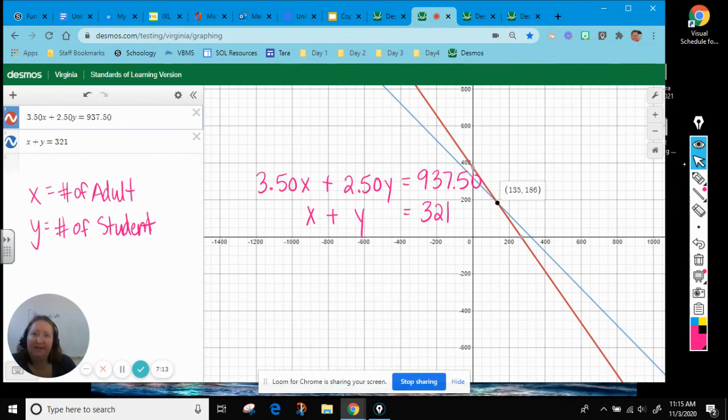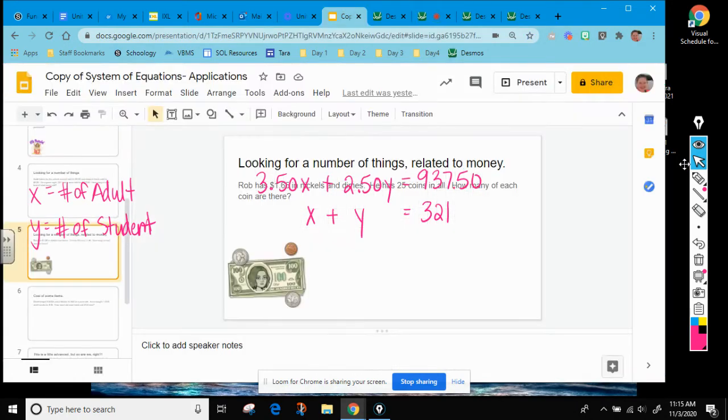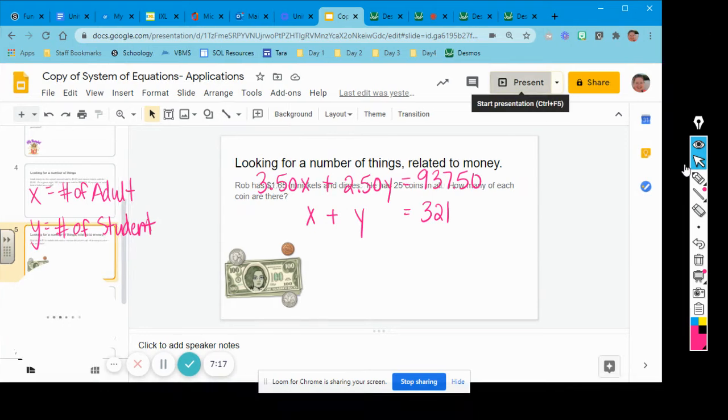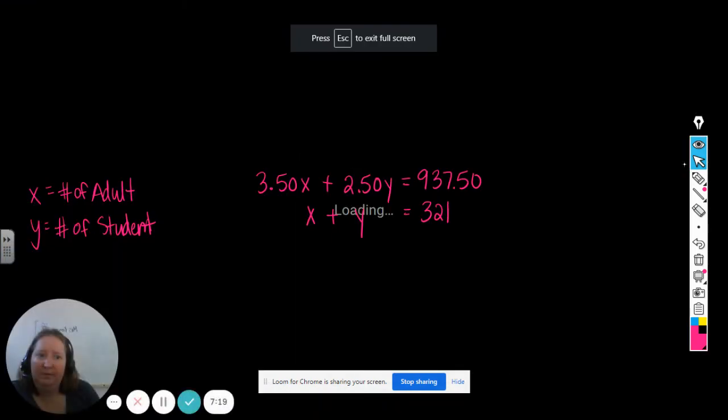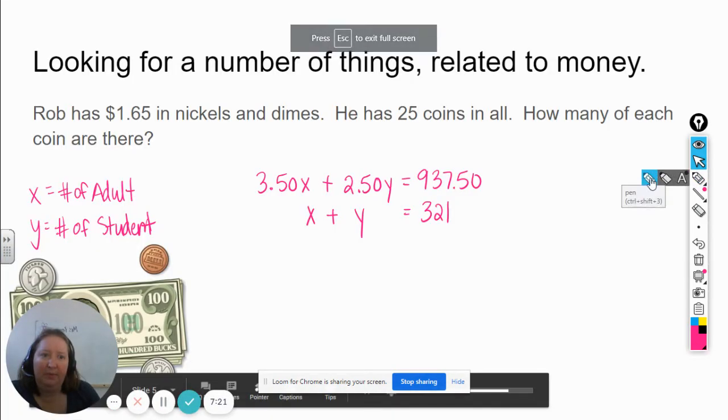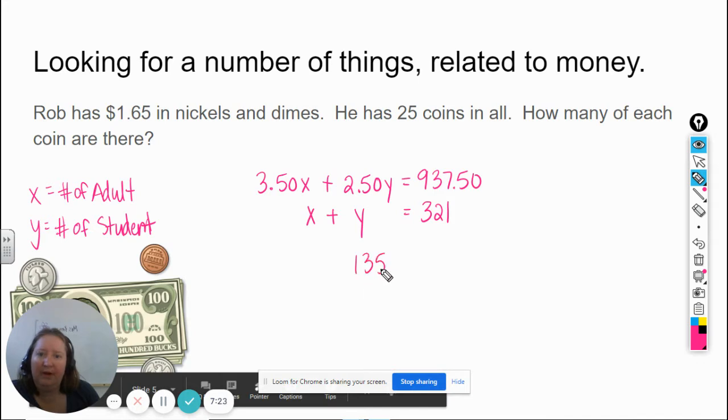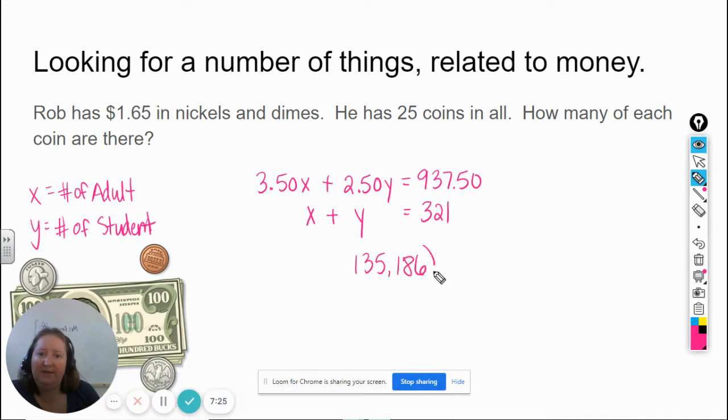135 and 186. Come over here with my marker. 135 and 186. What does that have to do with anything? That's an X, that's a Y. What's an X? X is the number of adult tickets.